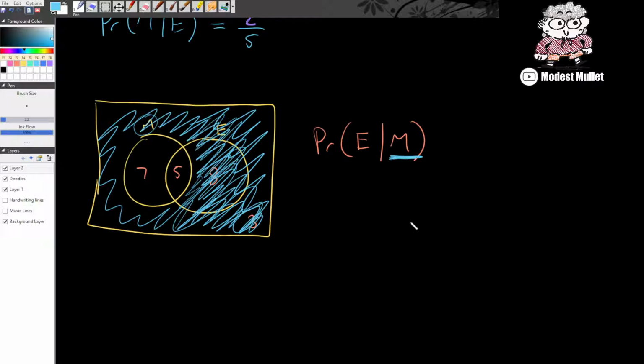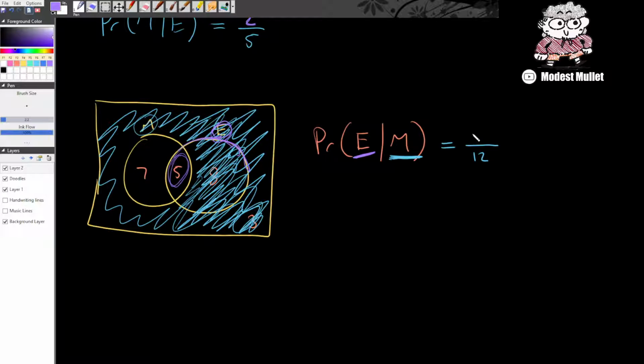So we can see now how many total people exist in our survey. Well, that's the 7 plus the 5 that are still inside the maths circle. So that gives us a total of 12. Now we just need to look at what our favourable outcomes are. Well, we need our favourable outcome as the people that like English, and we can see that these 5 people in here, even though we scribbled over it, are still inside the English circle.